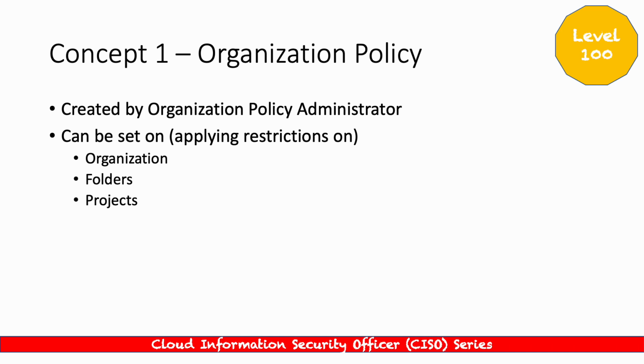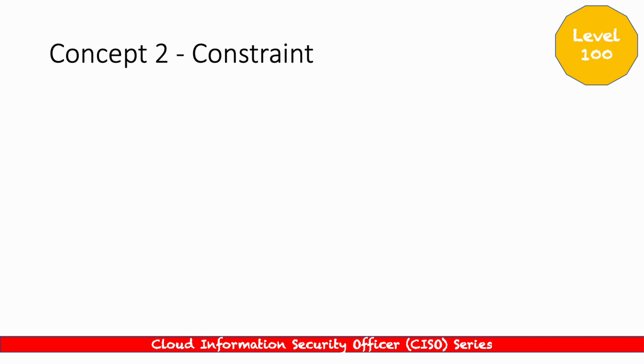Going back to that prerequisite slide, the resource hierarchy, you can apply that policy at different levels. Where you apply the policy is very important, and we will revisit that topic in a minute.